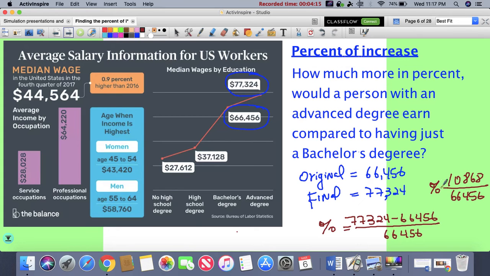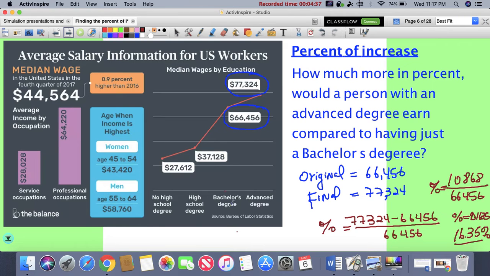So the percent. Now we get to divide, right? And in your calculator you're going to get a decimal value of 0.1635, and we can change that to percent to be 16.35%, right?